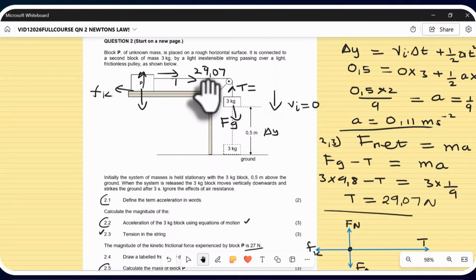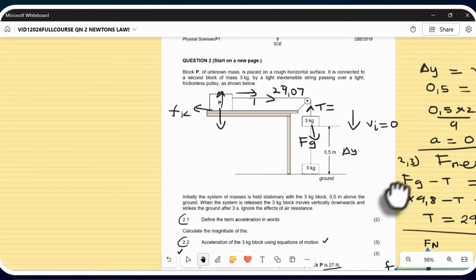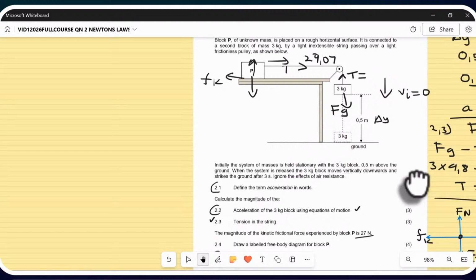So 29,07 minus 27 is going to be 2,07. Now multiplied by 9 should get the mass of P.